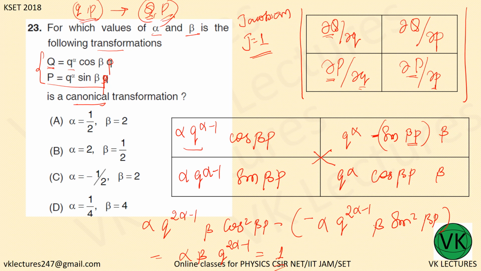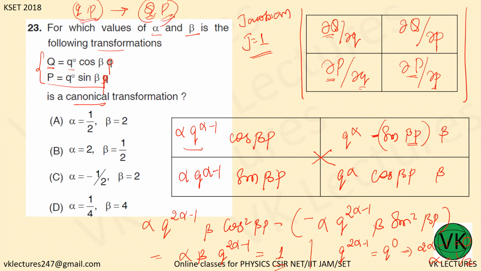So for this quantity to be 1, q power 2 alpha minus 1 should be equal to q power 0, which means 2 alpha minus 1 should be equal to 0. So alpha is equal to 1 by 2.